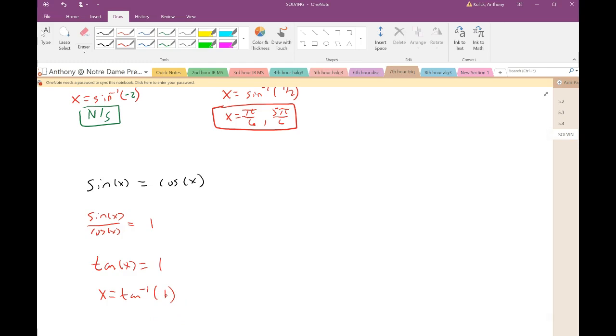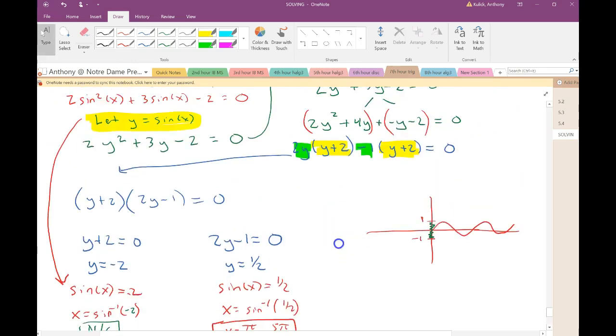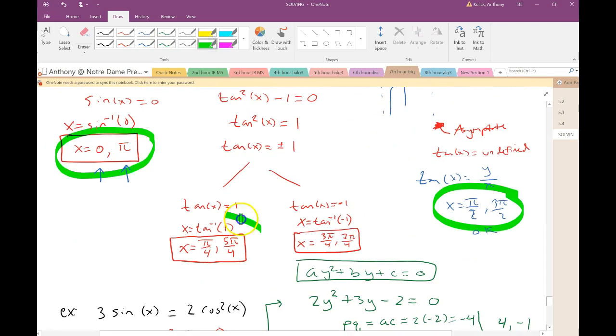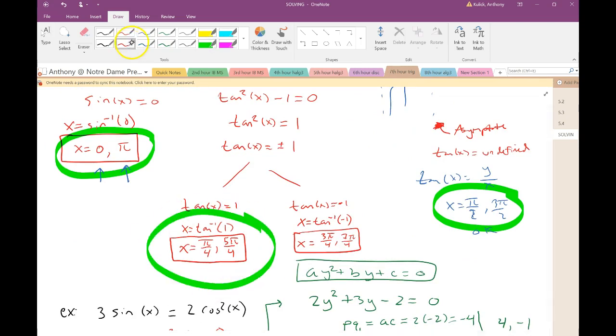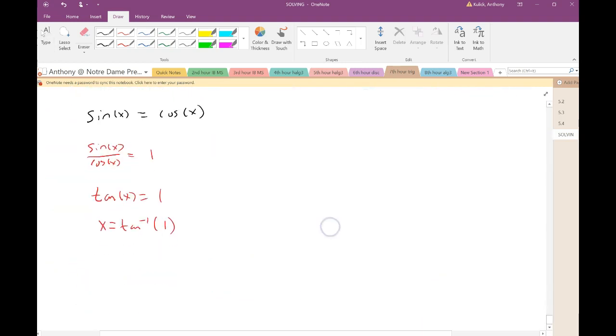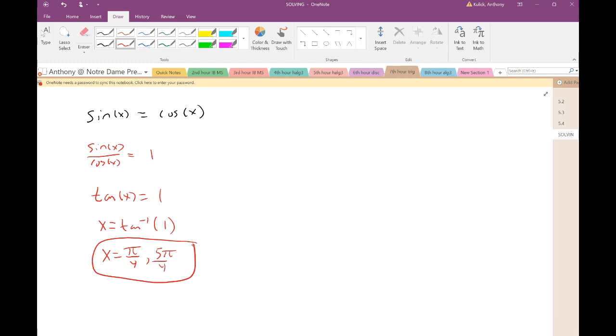It is. I believe we actually even did this earlier. If I scroll back up here, look at that. Tan inverse of 1. We did it already. Pi over 4, 5 pi over 4. And you thought it was going to be hard.